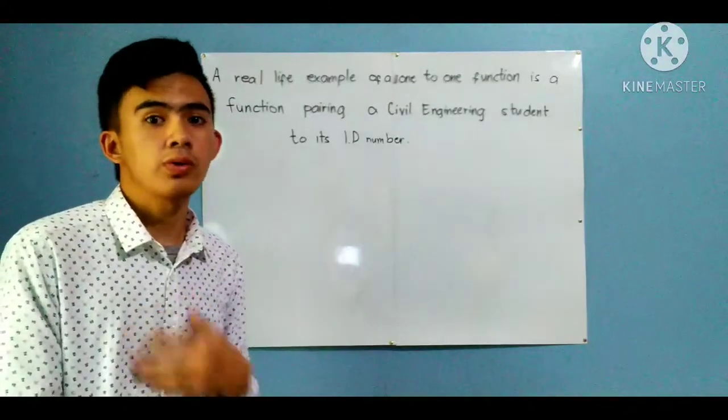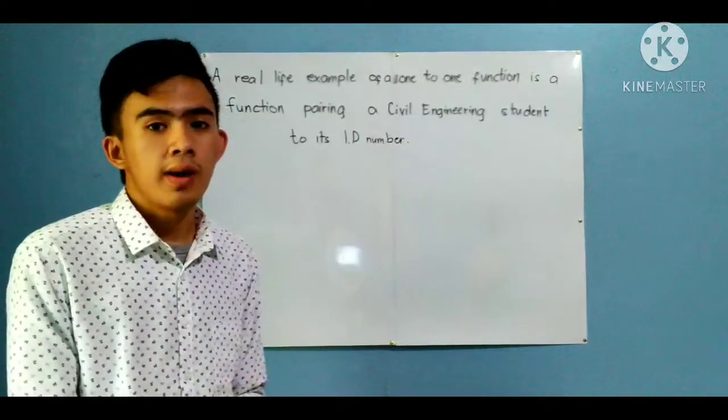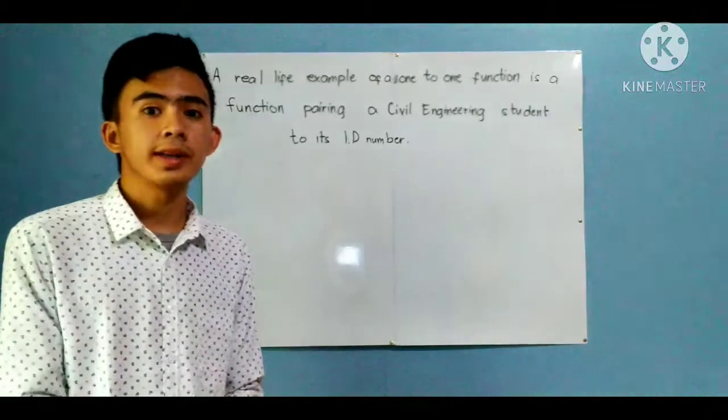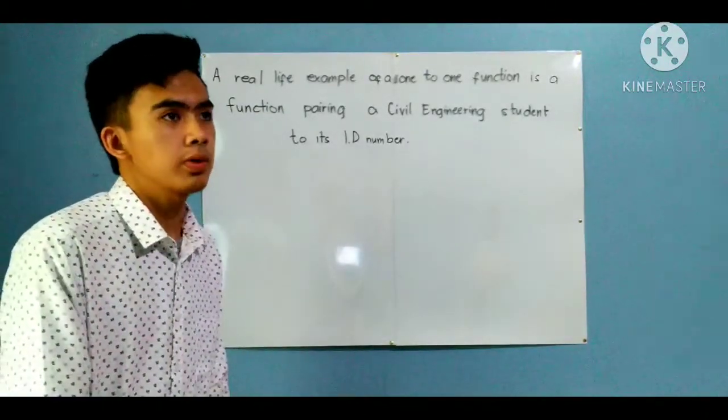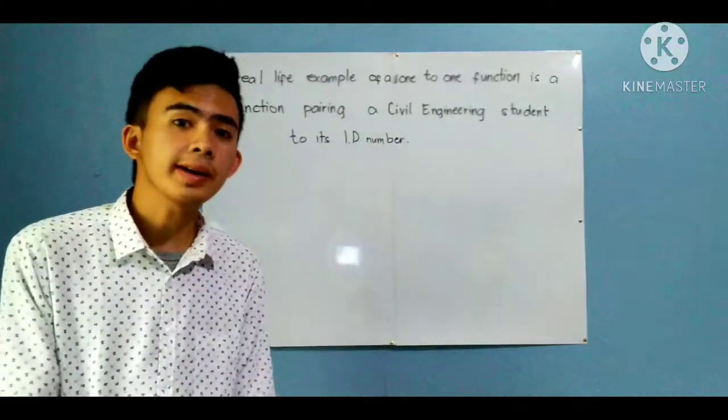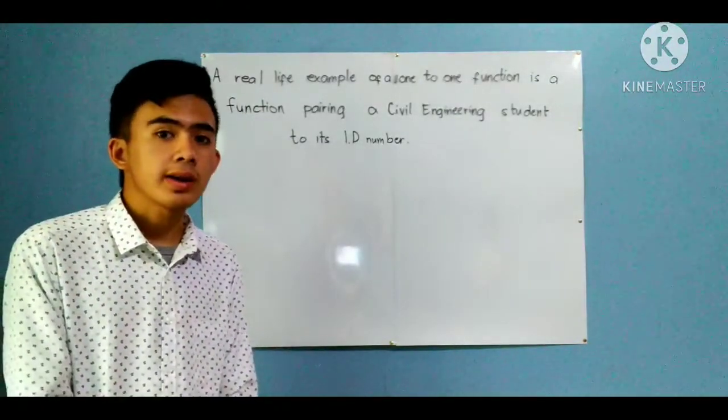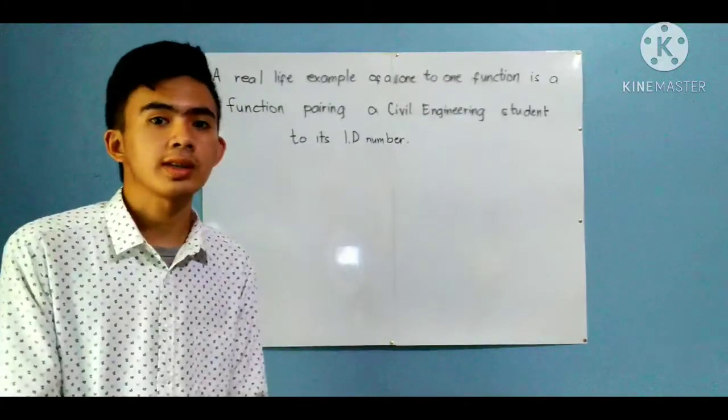Let's say for example ako, yung ID ko, then yung sa mga kasama ko iba rin yung ID number nila kaya matatawag siyang one-to-one function. Kung magkakapareho kami ng ID number, we cannot say na one-to-one function. It is not a one-to-one function.